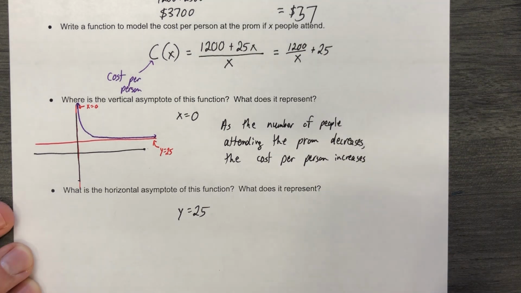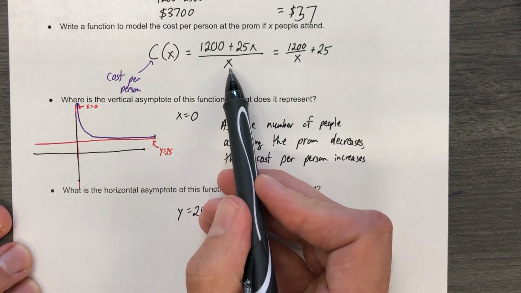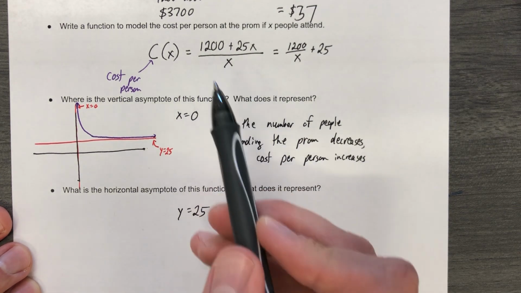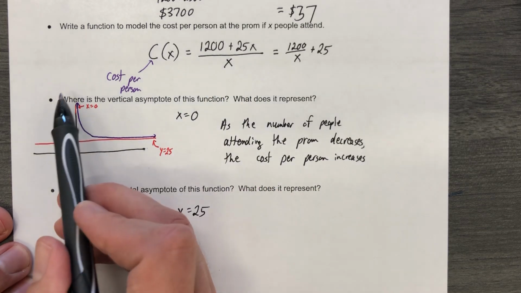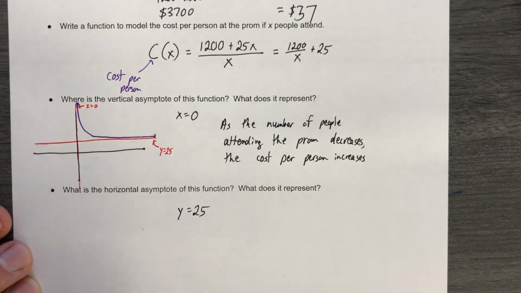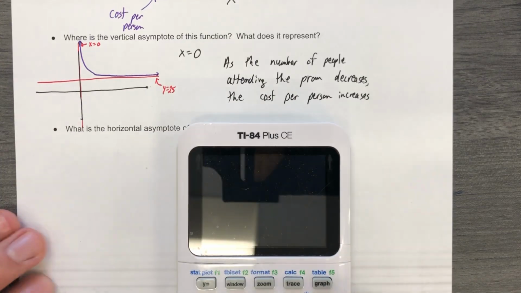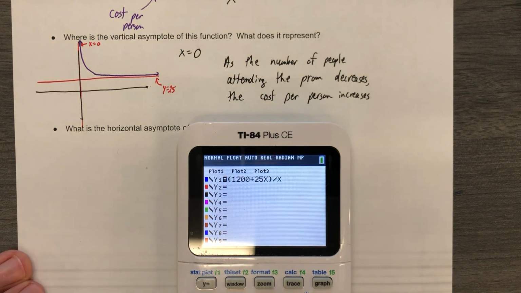Now, again, if this was a continuous function, like if we could truly plug in 1/2 here, or 0.1, or 0.01, or 0.001, we would approach infinity. You won't have someone paying infinity dollars for this prom. But you could type it in your calculator and just kind of get a feel for it.